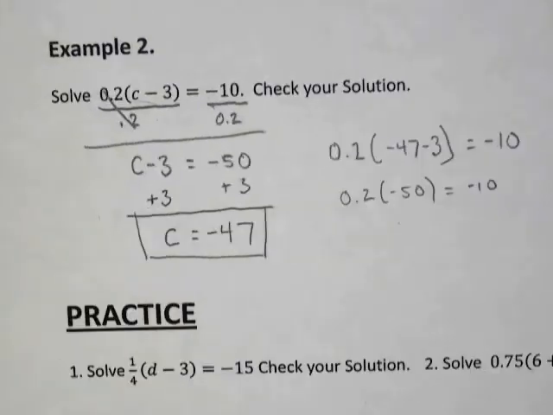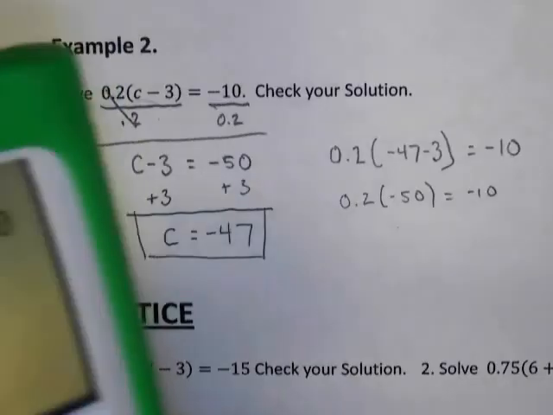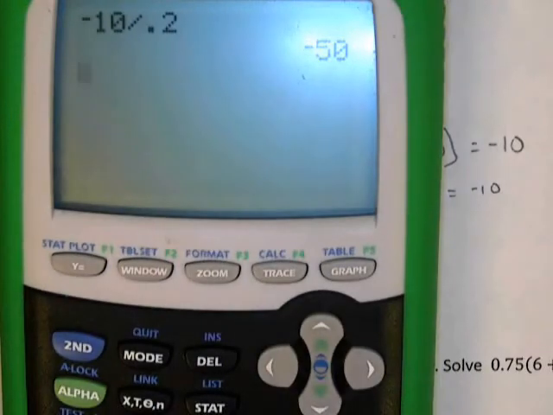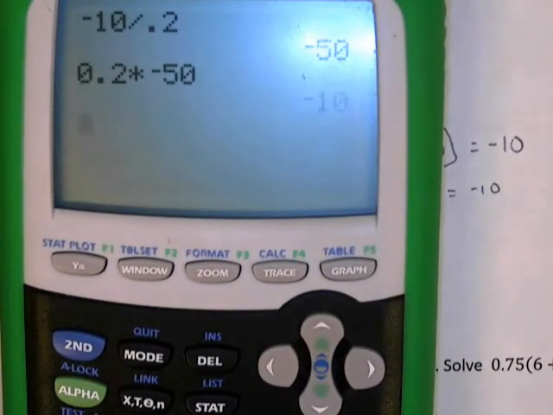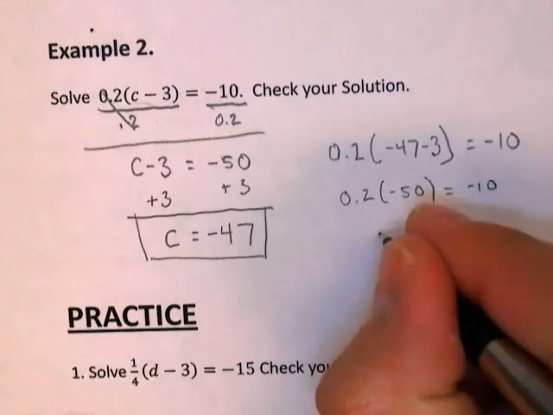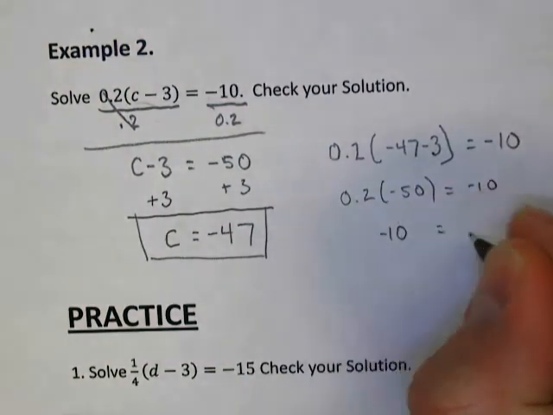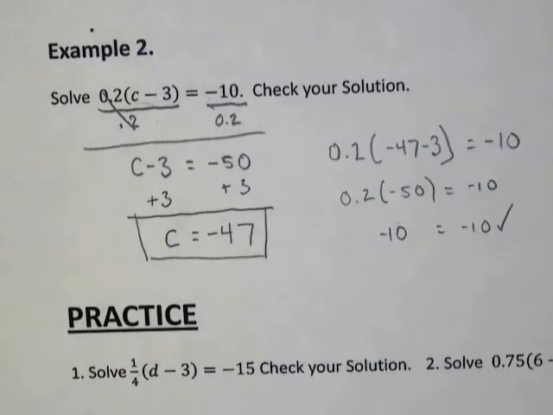And if we just solve that real quick, again, 0.2 times negative 50, that's a big number, so 0.2 times negative 50 is negative 10. Therefore, a negative 10 does equal a negative 10. That checks out. It is correct. We're good to go here.